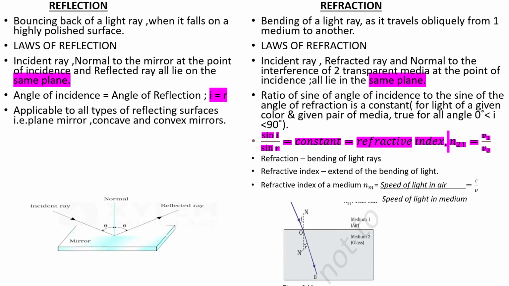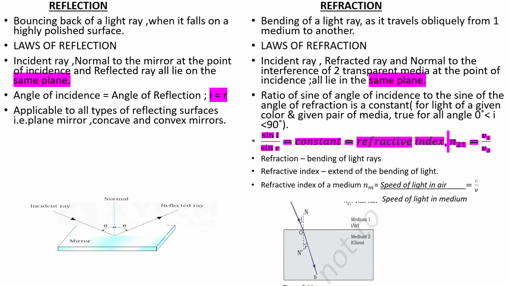Refractive index is denoted as n, and it is in comparison with the second medium with respect to the first medium. So refractive index n21 means the refractive index of the second medium with respect to the first medium, and that is equal to the velocity of light in the first medium divided by the velocity of light in the second medium.